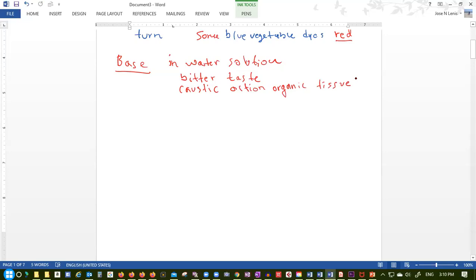In other words, bases have the tendency to react with and dissolve organic tissue. That's why you get a soapy feeling to the touch.